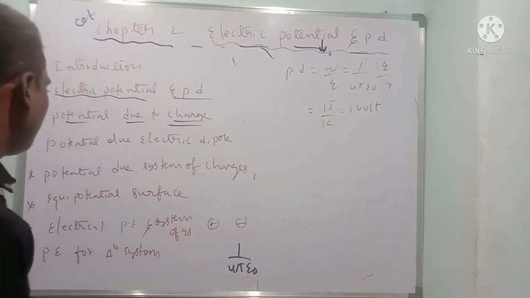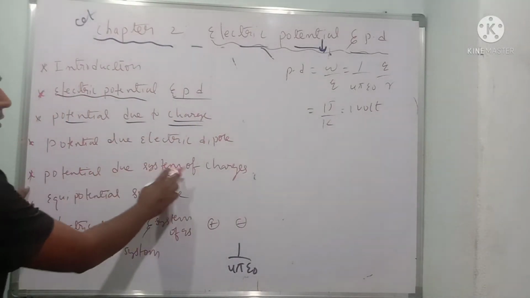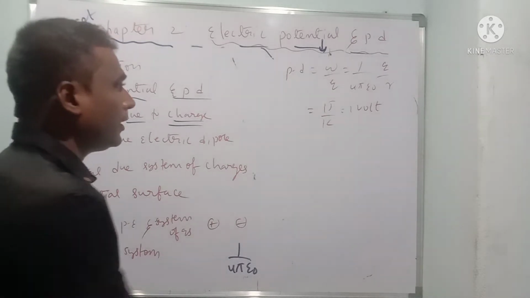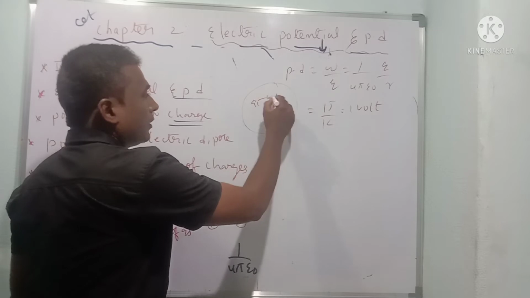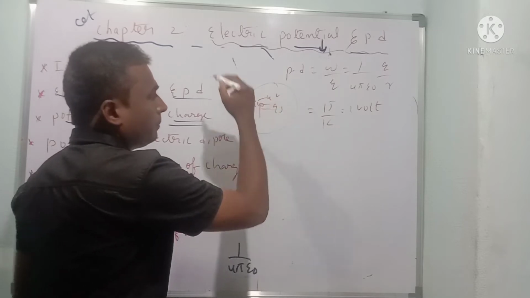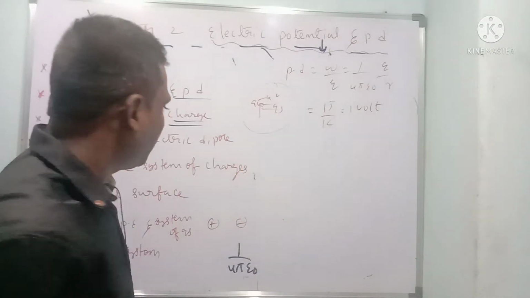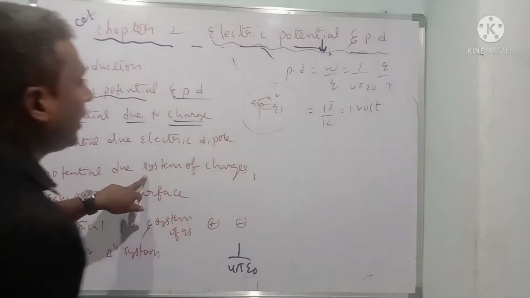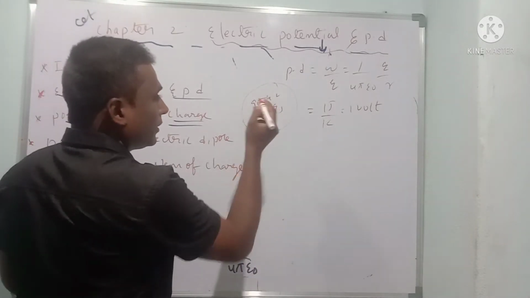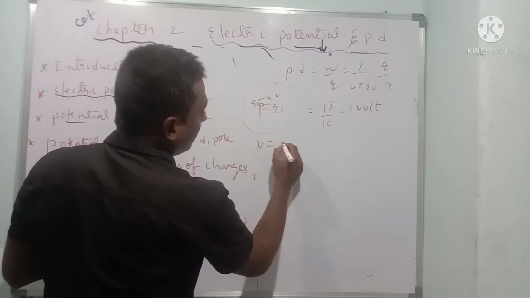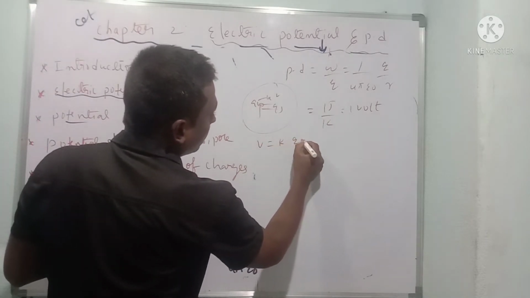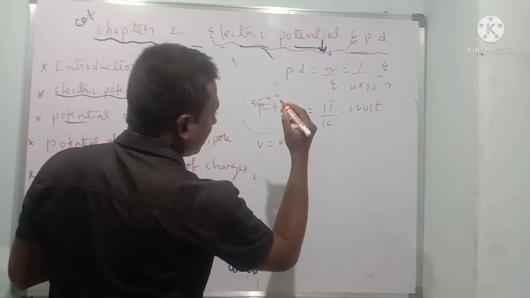Now come to the point, potential due to a system of charges. Children, imagine in this system a number of charges are there, at a point P. The potential due to charge Q1 is given by V1 is equal to K into Q1 divided by R1P.